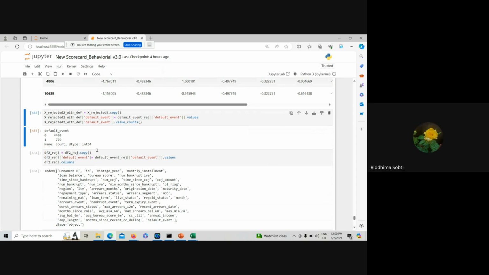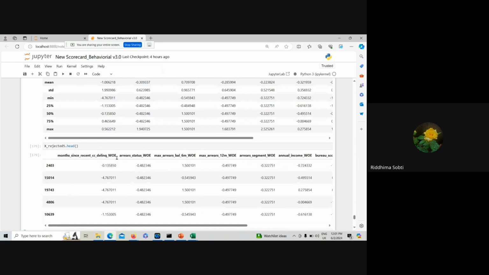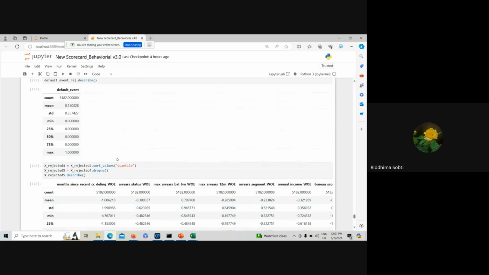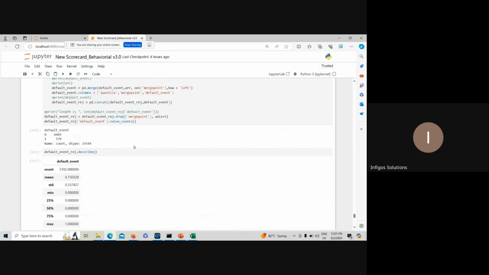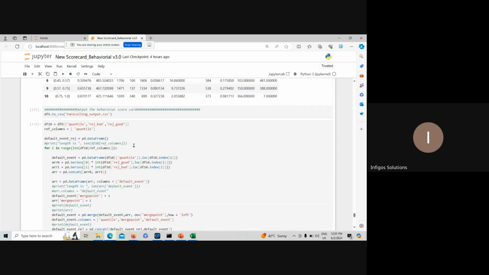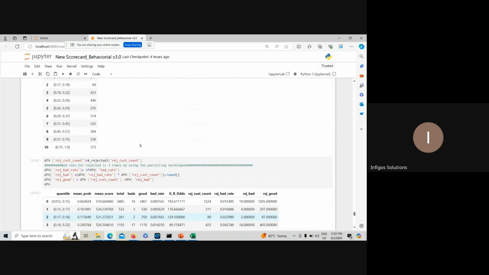So how did we get the bins for the known good bad which we used for rejected also? Thing is, one minute. Bins here.